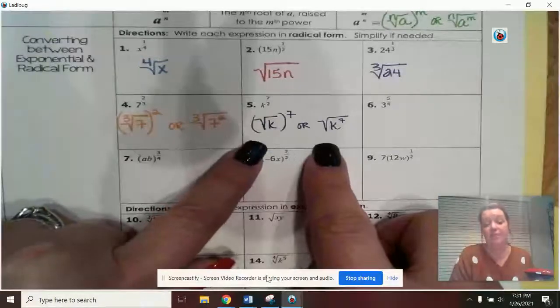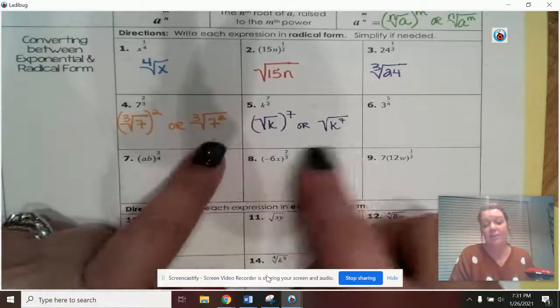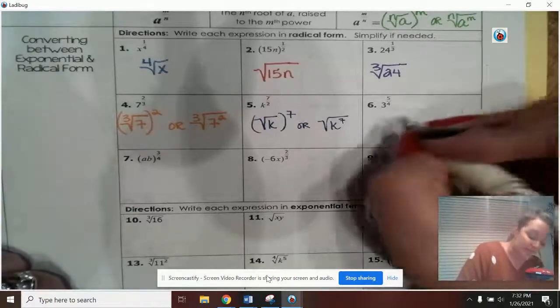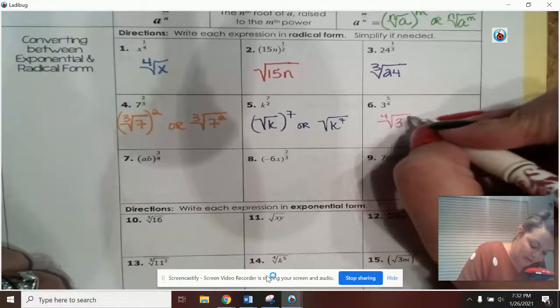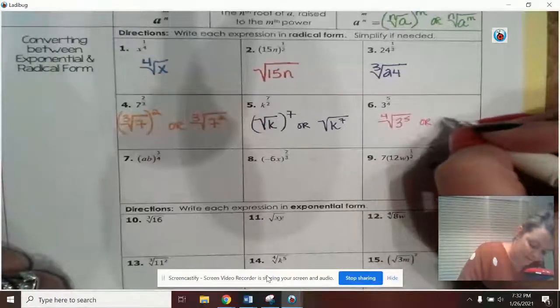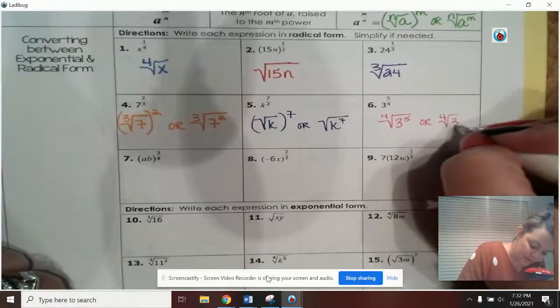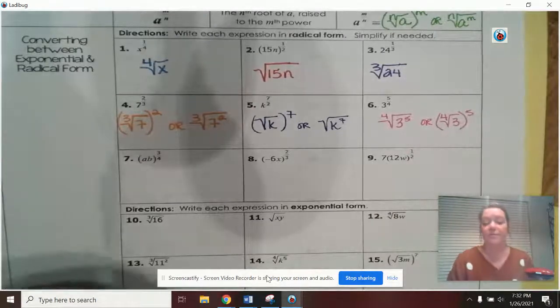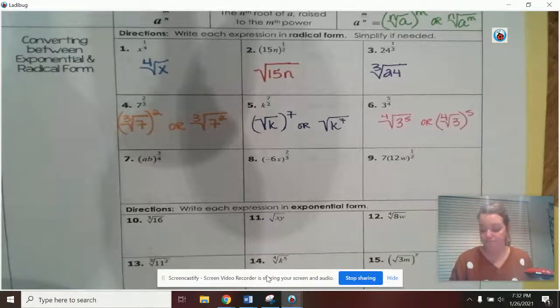When I put the answers in GoFormative, I'm going to try to put them in there both ways because either way is okay with me. All right, 3 to the 5/4. The number on the bottom is the root. So this is the 4th root of 3 to the 5th, or the 4th root of 3, all then raised out here to the 5th. Again, either way is fine.